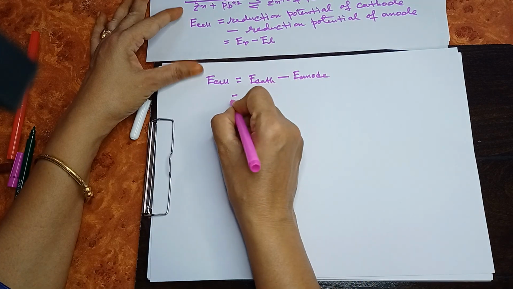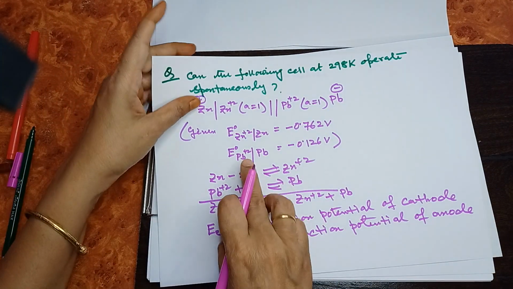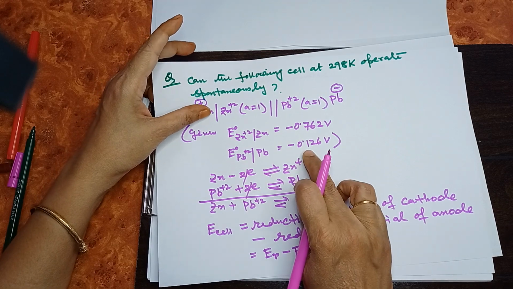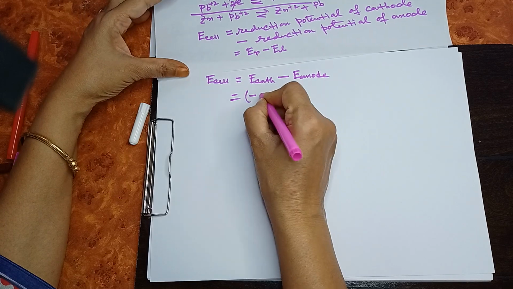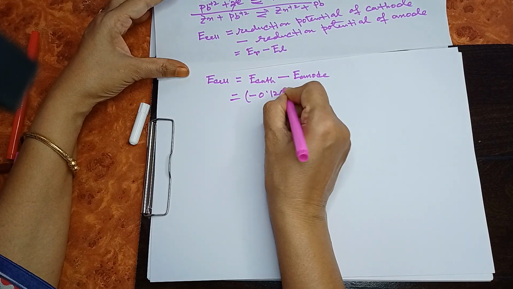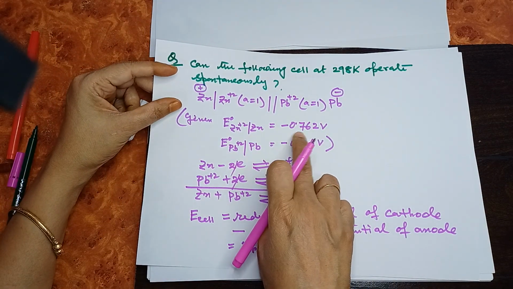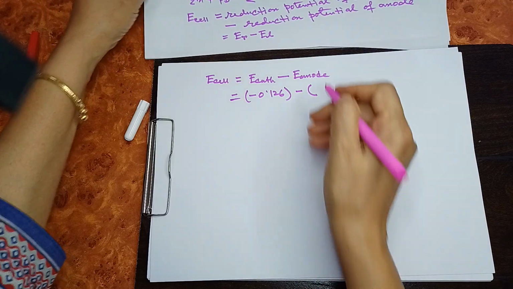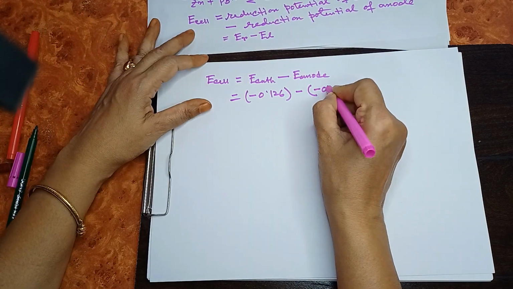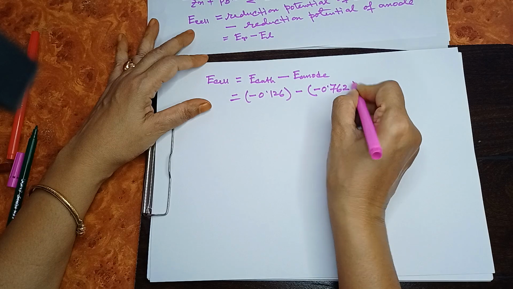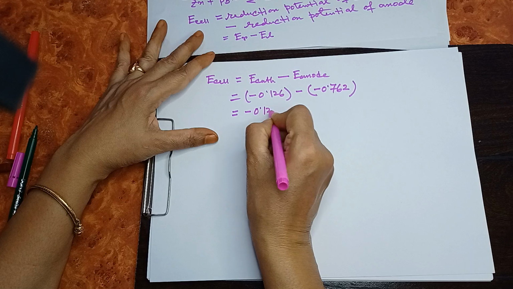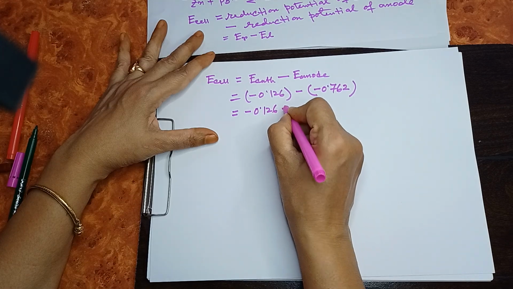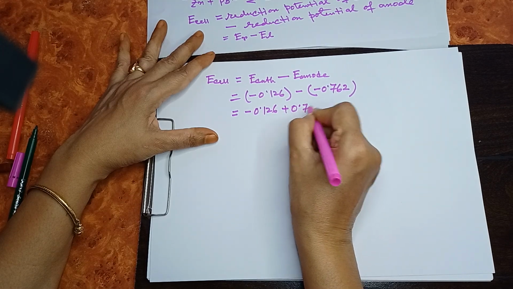E cathode is equal to, they have given the value, cathode value is minus 0.126 volt. So, it is minus 0.126 minus the anode reduction potential, which is minus 0.762 volt. So here it is minus 0.126 plus 0.762.